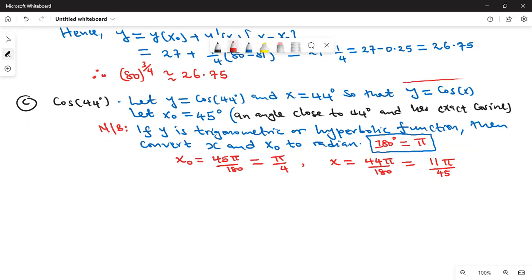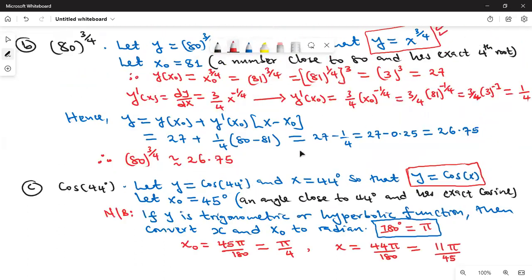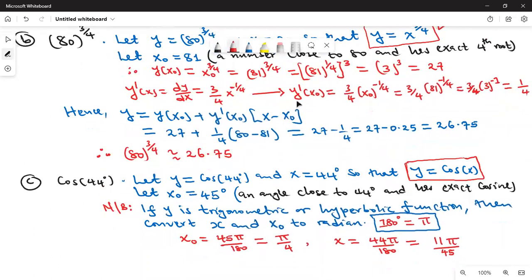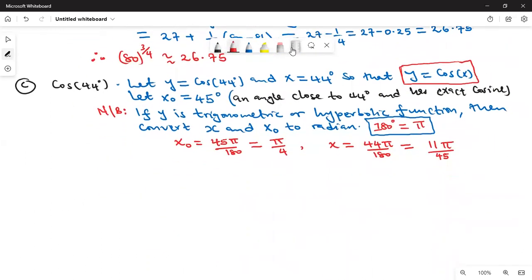Let me bracket this. This should be y of x, or simply y is equal to cos x. So once you have converted those to radians, all you need to find is y at x naught and y prime at x naught. So let's find those ones.